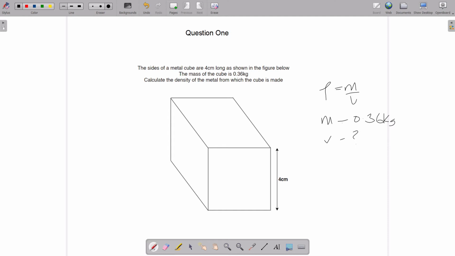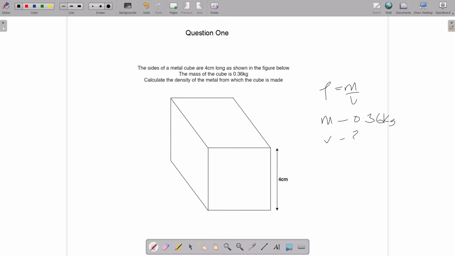It'll be very simple to convert from centimeter to meter to find our volume, then calculate our density from there. Because each side is given in centimeter, from our discussion of units and measurements, you can check the link below to find out more about that, if it is centi, then we know that it is 10 to the power minus 2.